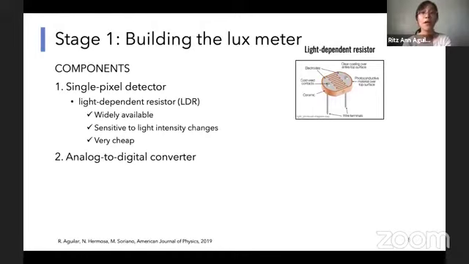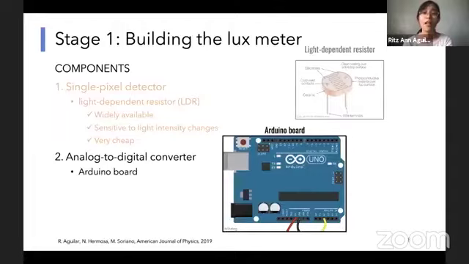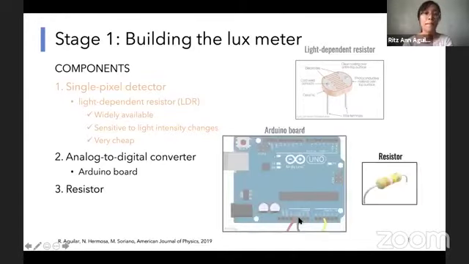The other component you need to build the LOX meter is the analog to digital converter. You can use an Arduino board, for example, to convert the optical signal collected by the LDR into an electrical signal. It has analog pins, as you can see here, and an input voltage, usually constant at 5 volts, and of course the ground. And then you need a resistor to usually impede current flow.